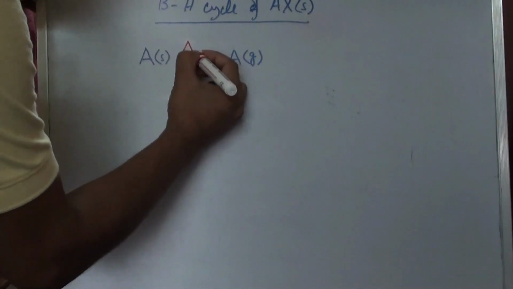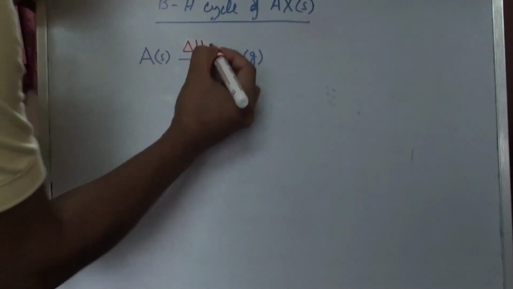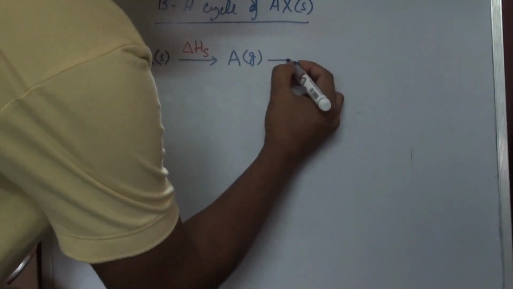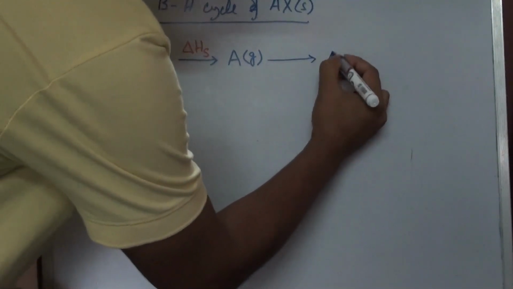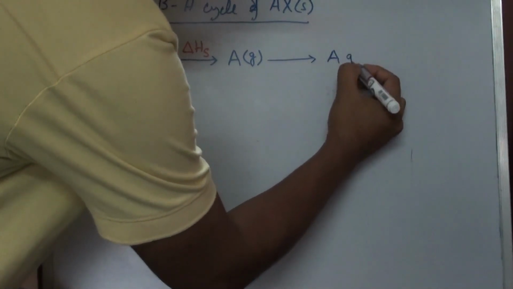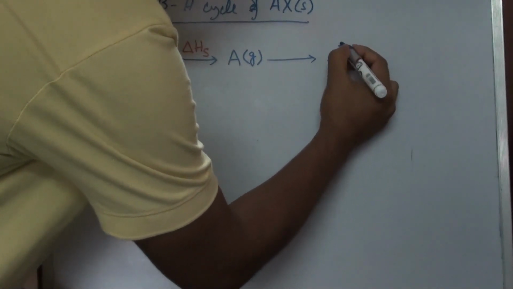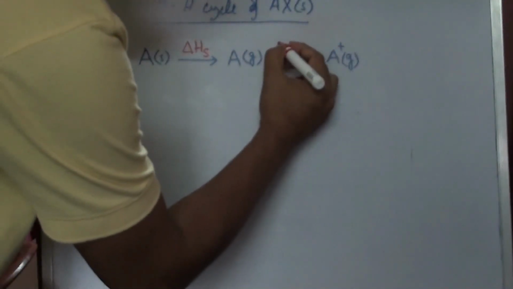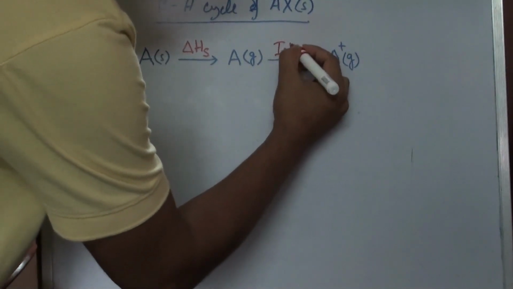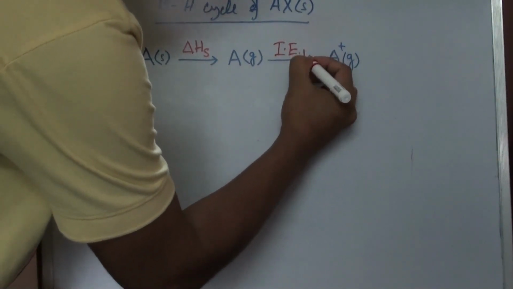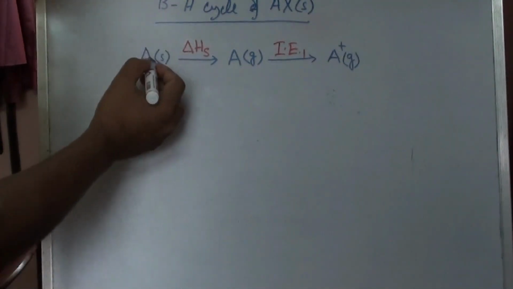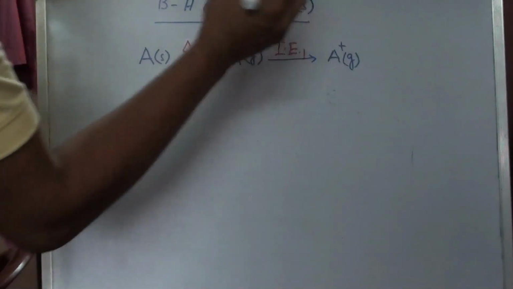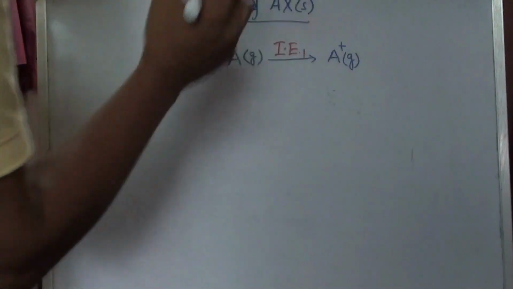So here delta H sublimation is involved. Now A gas to A cation gas. This process is called ionization energy 1. So here we have A solid to A gas to A cation plus.